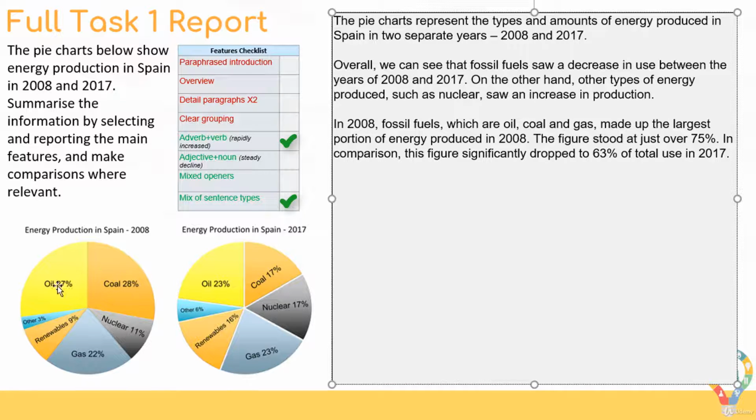And now I'm going to go into even more detail and discuss each type of energy separately. So let's start with oil. We'll start with coal, which is the largest amount, and I'll describe the drop. So in 2008, coal was the largest type of energy used at 28%.